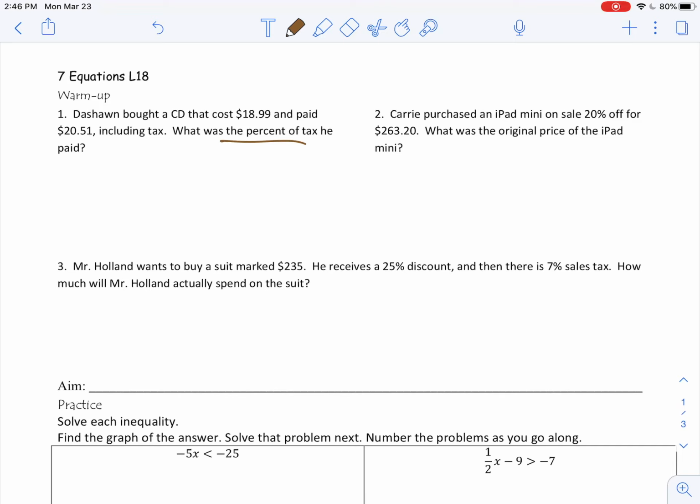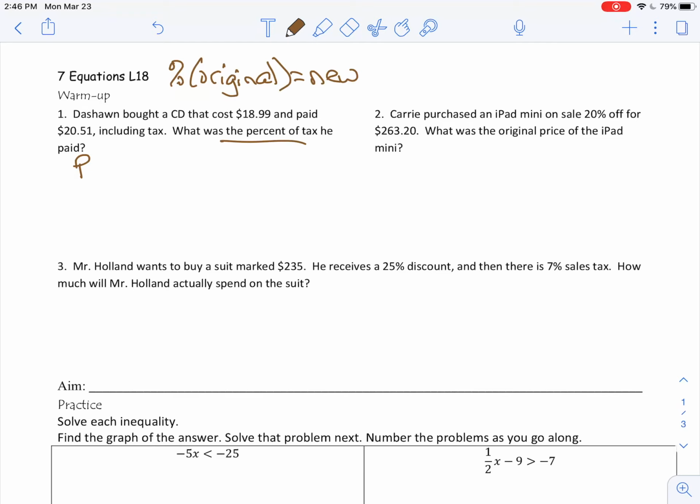Okay, welcome back. First thing, this is the percent of tax. So we need to remember percent times original equals new. Feel free to write that. That's really good for you to write. So let's see. We don't know the percent.